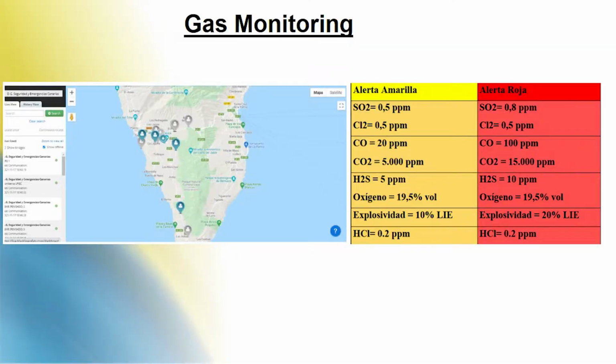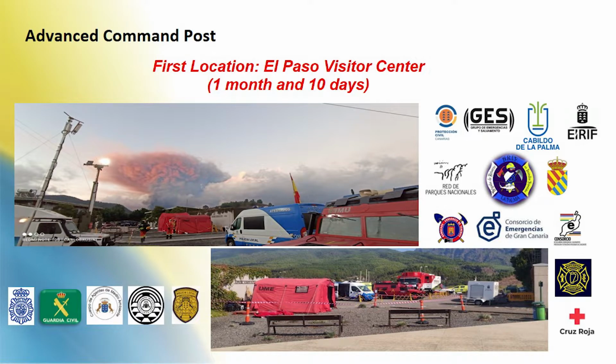There was gas monitoring with yellow alert and red alert to know how the gases were evolving in the zone. If, for example, security or intervention agents were in a risk area, we communicated that they had to exit or go to another security zone.